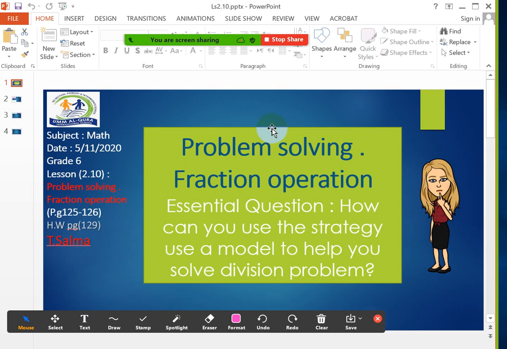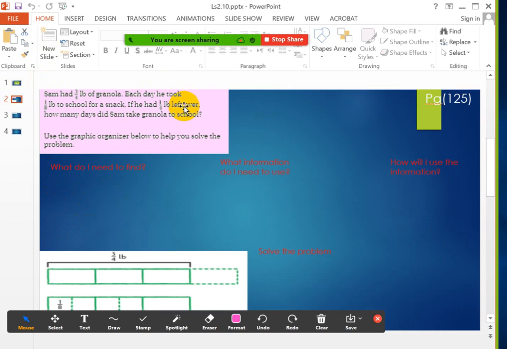Today our problems are about fraction operations, that means operations between fraction numbers. How can you use the strategy? Use a model. That means today we will solve the problems by using a model to help you solve division problems. So we will continue with dividing fractions, but today dividing fractions will be about this problem.